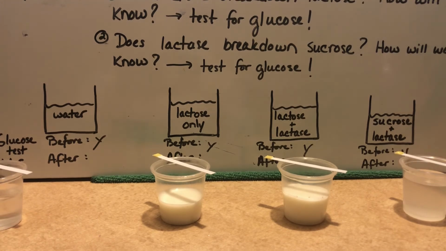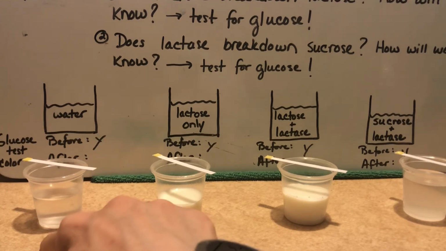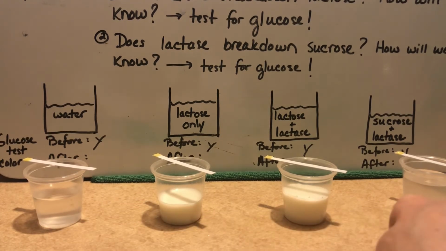That should make sense because in all of these samples before, we just had water, we just had milk, or we just had a sugar water solution. There shouldn't be any glucose before we add an enzyme if we're trying to test for whether or not this enzyme actually breaks down these disaccharides into their monosaccharide components.